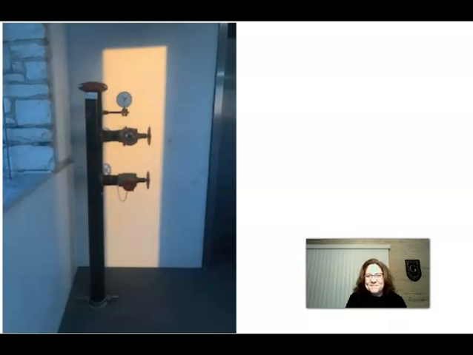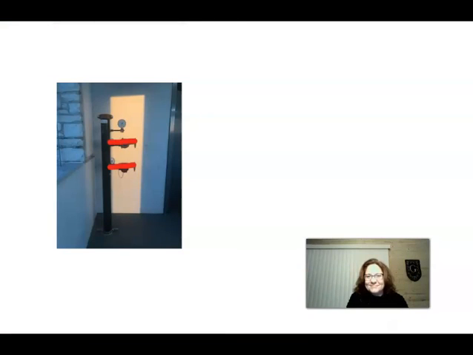Right, what do you see? Oh, and look at the shadow even. That looks like parallel lines as well.